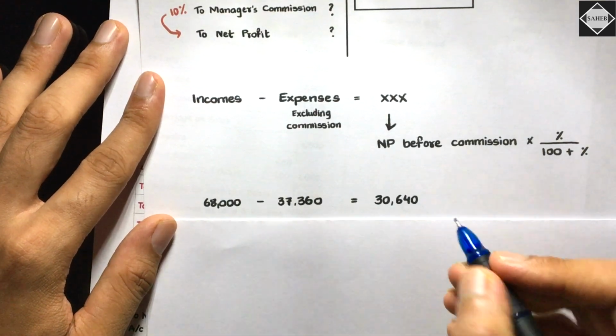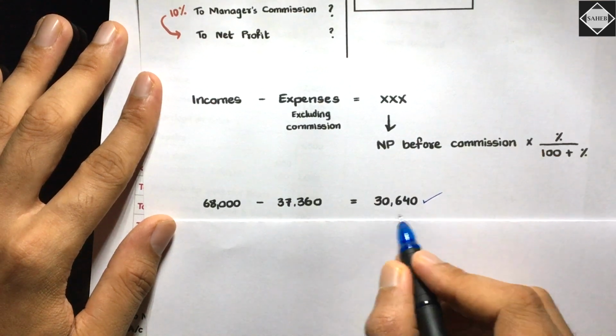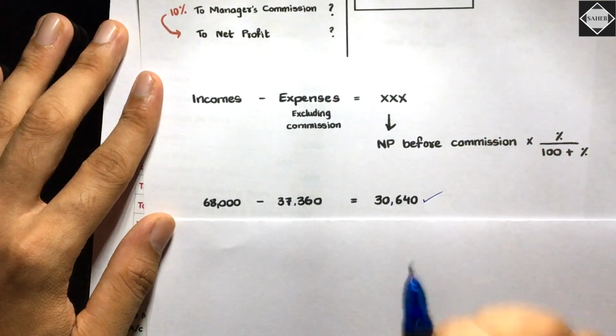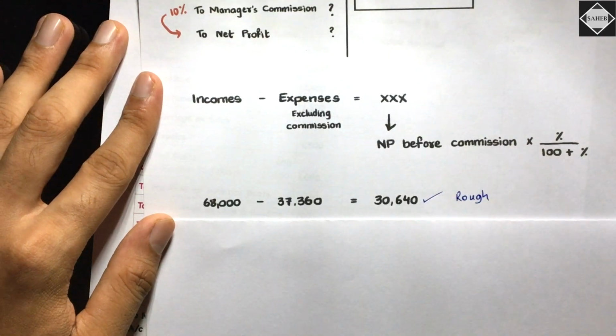If you subtract, you get net profit before commission, 30,640. This is net profit, not true profit. This is rough. We are doing this in rough. I told you, rough.